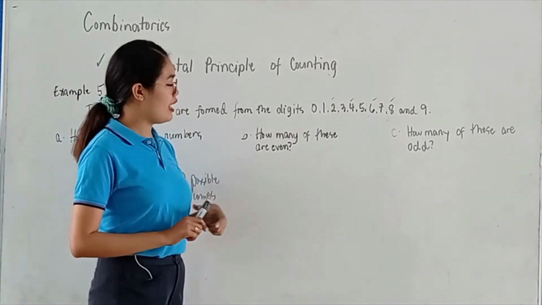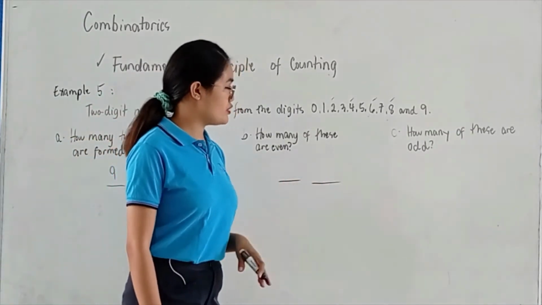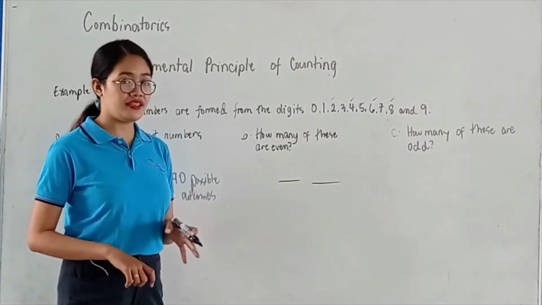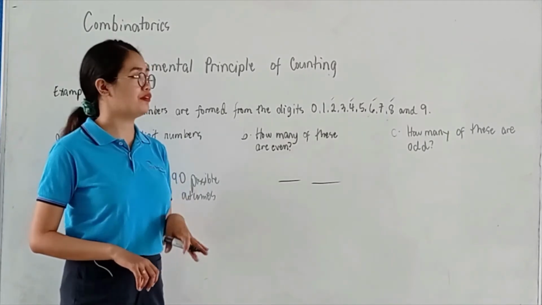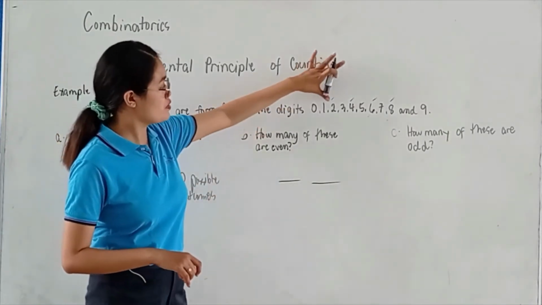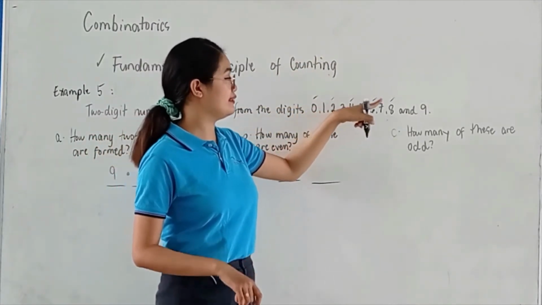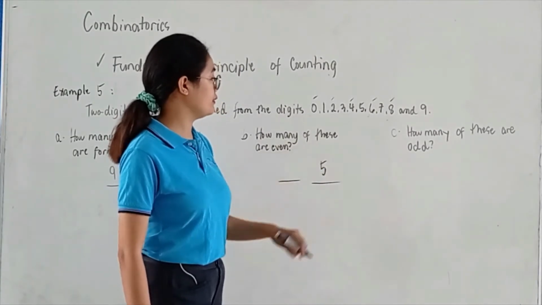For letter B, how many of these are even? Again, we are asked to form two-digit numbers. Take note that by the definition, an even number ends with a number that is divisible by 2. So our options are 0, 2, 4, 6, and 8 for the second position. That is a total of 5 possible outcomes.